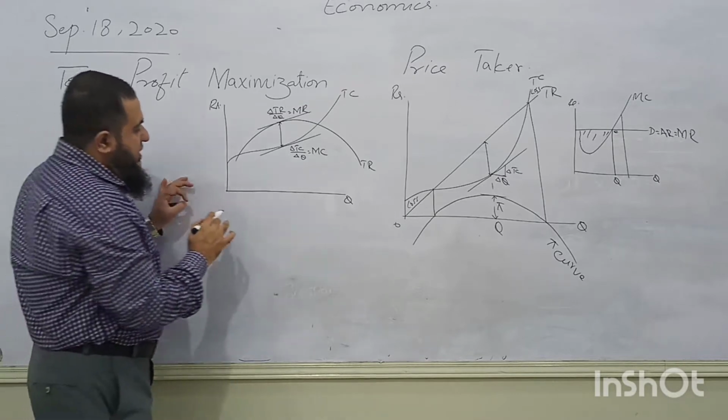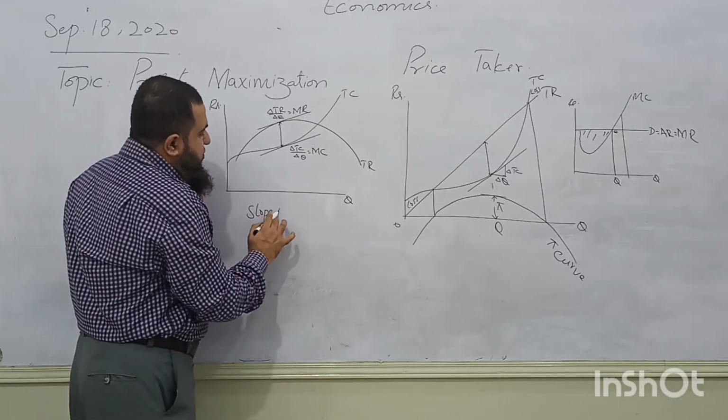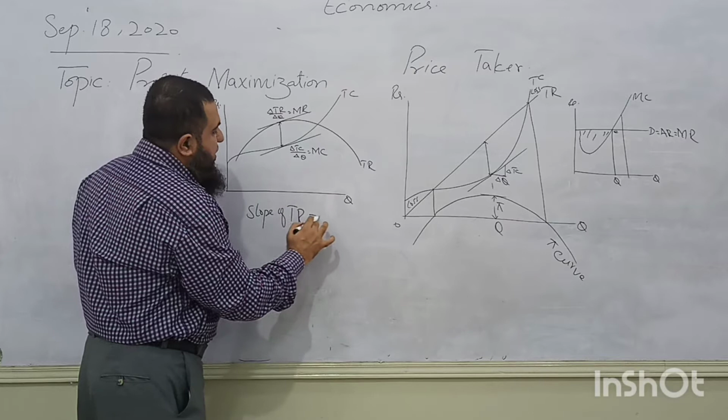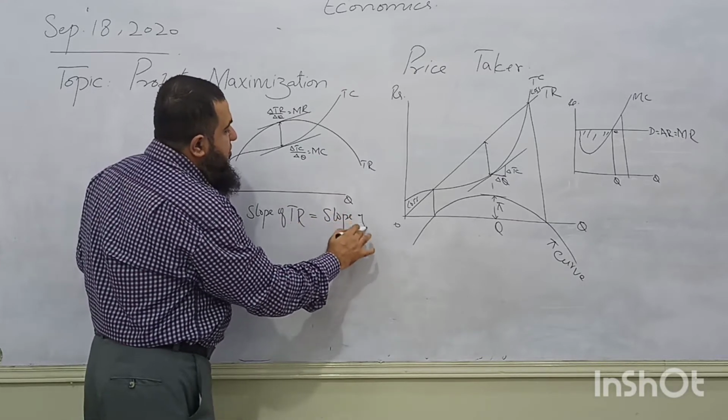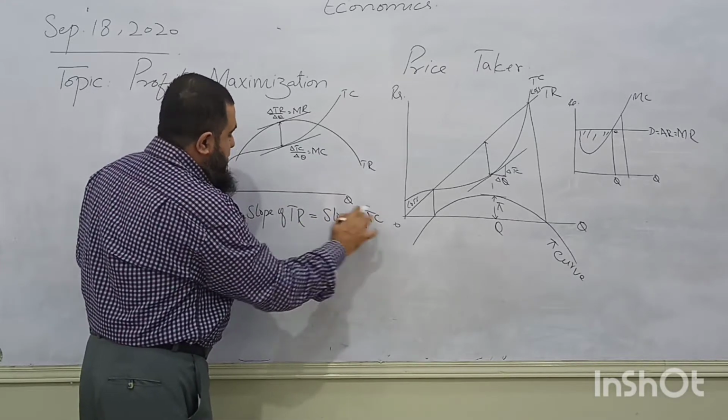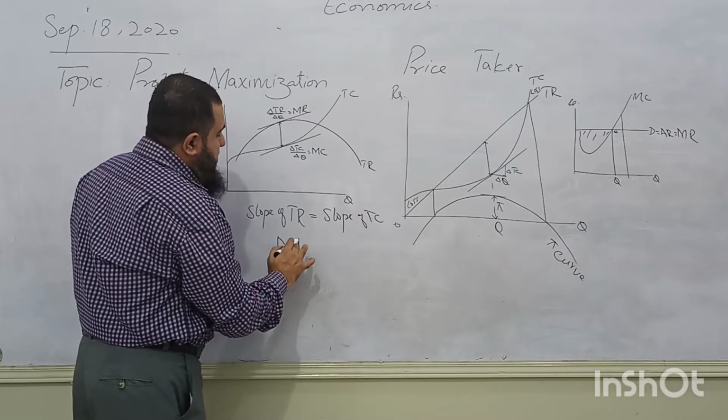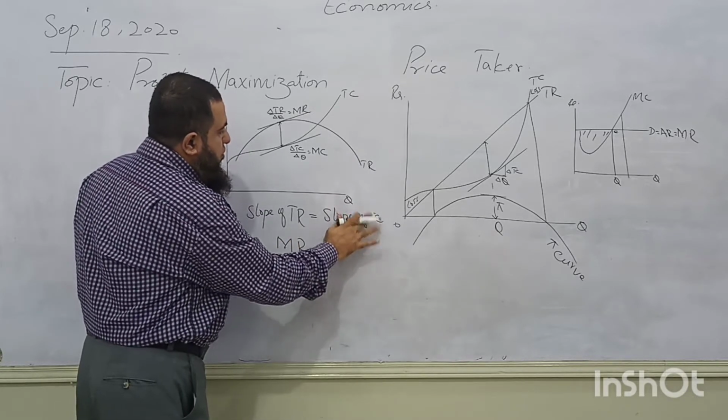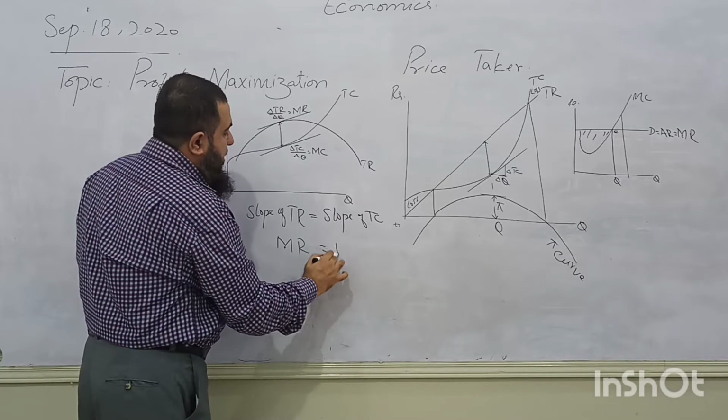So again we say the slope of total revenue should equal the slope of total cost, or marginal revenue should equal marginal cost.